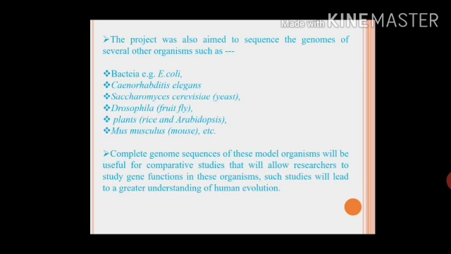The project also aimed to sequence the genome of several other organisms such as bacteria, for example E. coli, Caenorhabditis elegans, then yeast, that is Saccharomyces cerevisiae, Drosophila, fruit fly, plants such as rice and Arabidopsis, then mouse, Mus musculus, etc. Complete genome sequence of these model organisms will be useful for comparative studies that will allow researchers to study gene functions in these organisms.